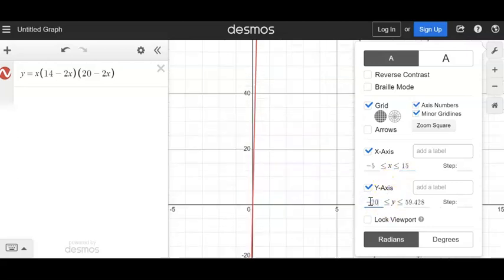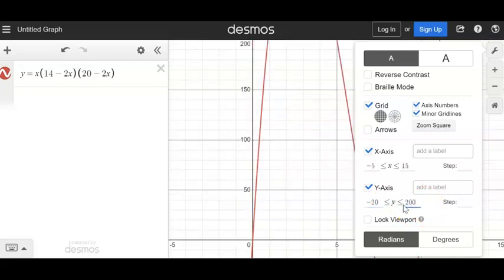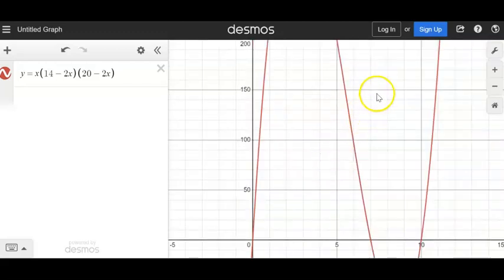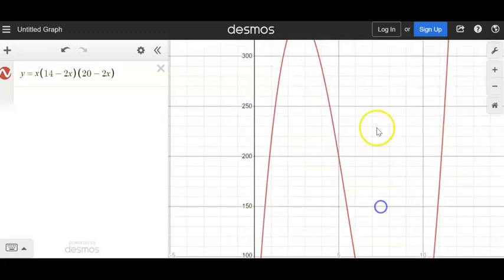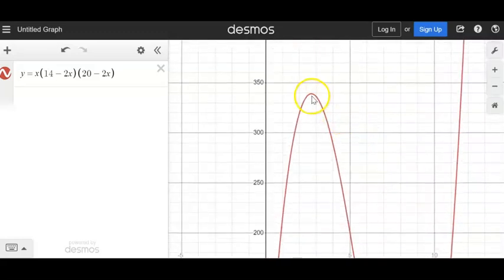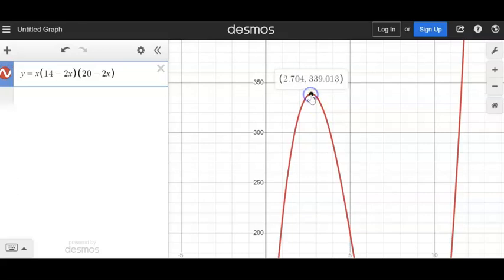And then maybe -20, and then it looks like I need to go pretty high. All right, so here is my maximum. And it's a good thing I didn't guess, because I would have said maybe halfway, which is 3.5, and it's not quite. It's 2.704, and then here is my maximum volume as well for our problem.